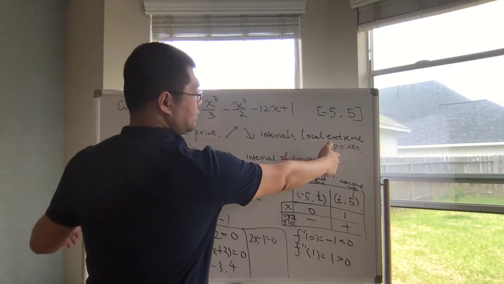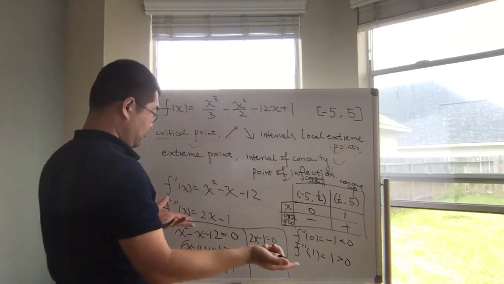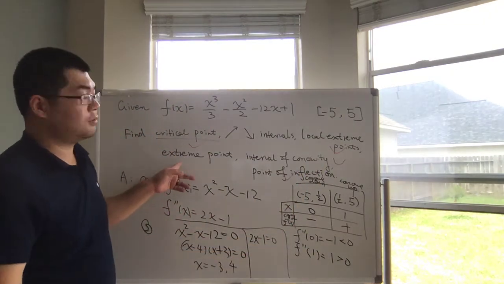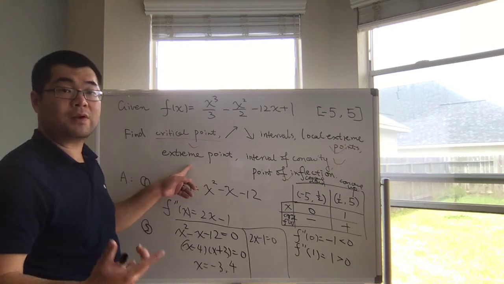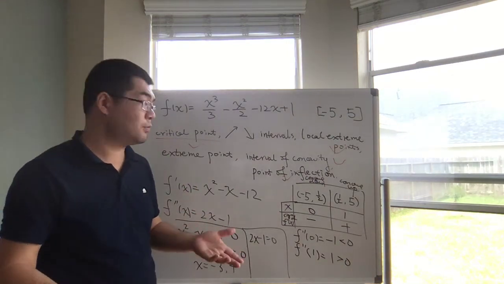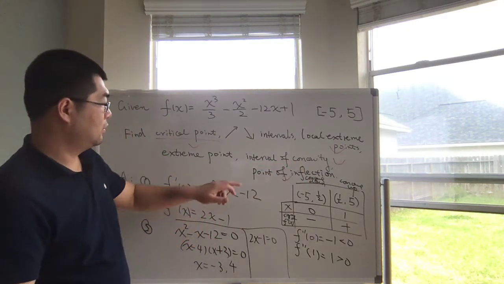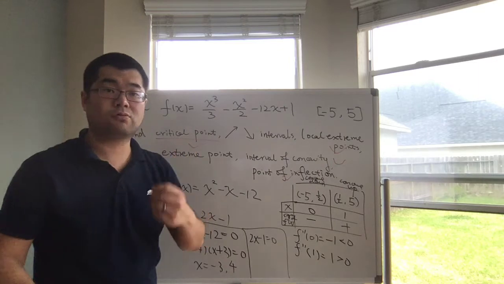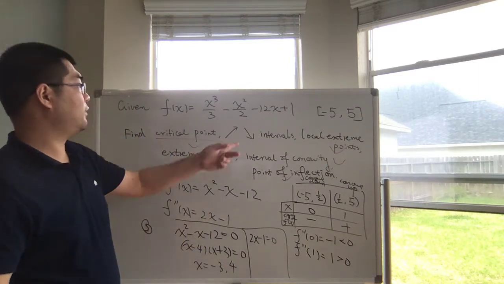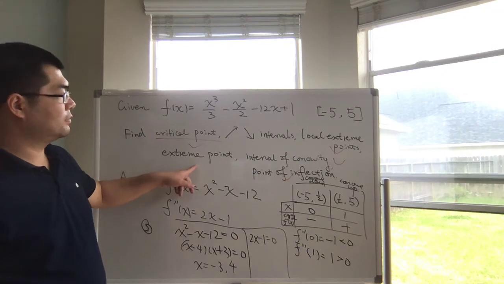Local extreme points, we can use the first derivative or the second derivative. Both work, okay? The extreme points, we're going to use the function itself because we're trying to figure out the absolute max and absolute min. Interval of concavity, second derivative. Point of inflection, second derivative, okay? So we have increasing and decreasing intervals left, and extreme points left, okay?